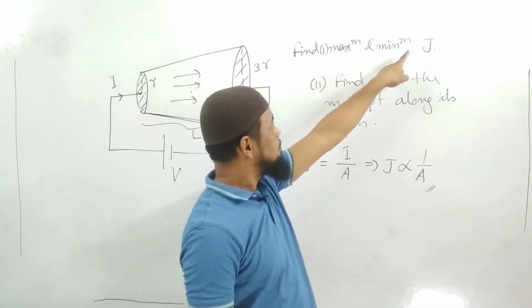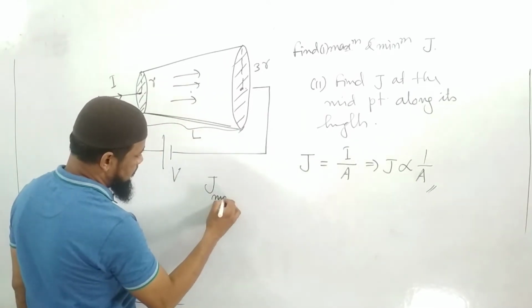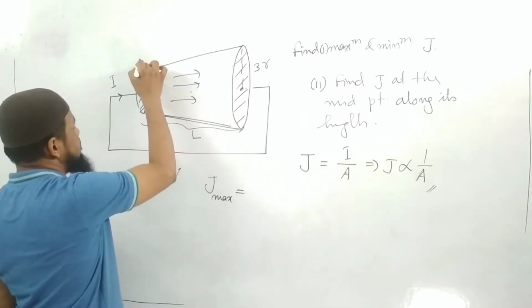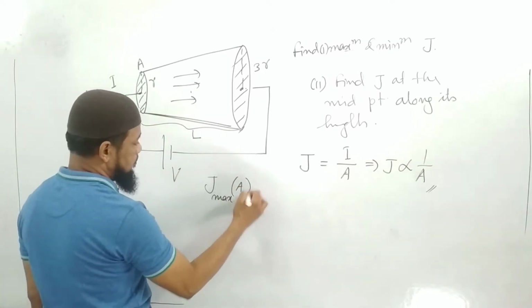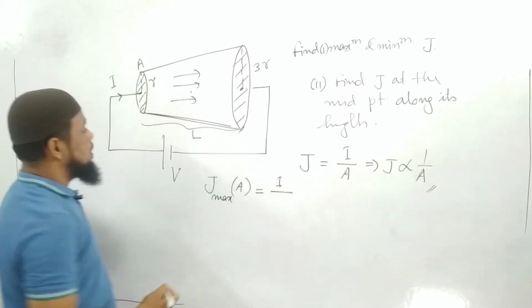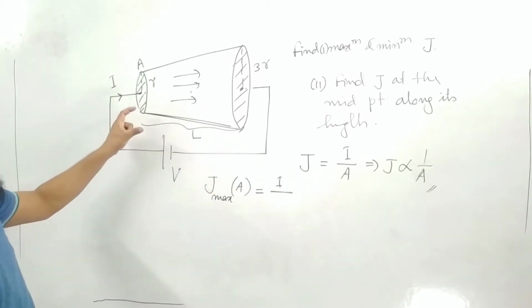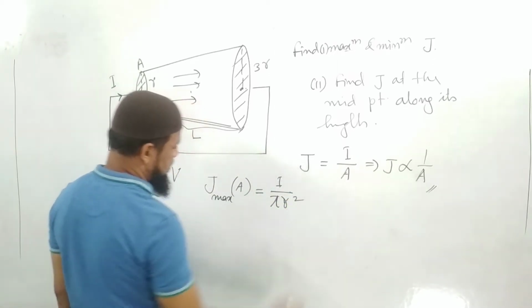Find maximum and minimum. So J maximum, where does it become maximum? At the point A. How much will it be? Current divided by cross-sectional area, which is pi r square.